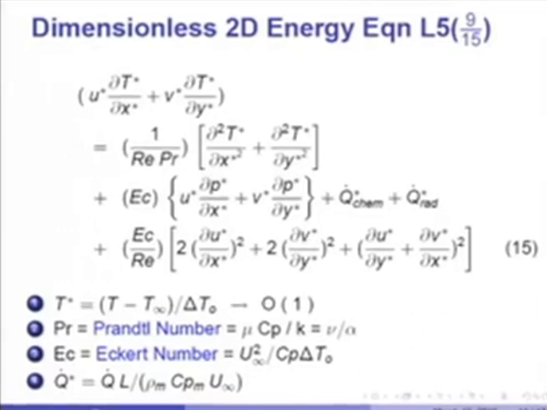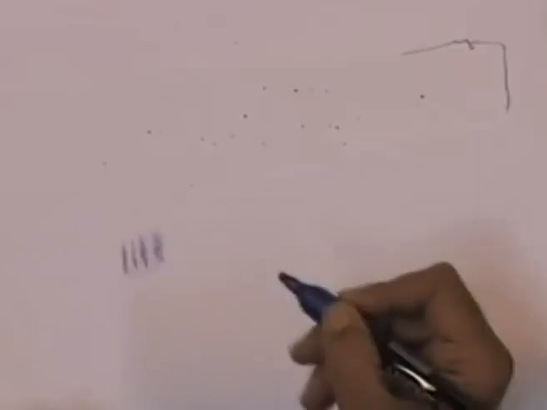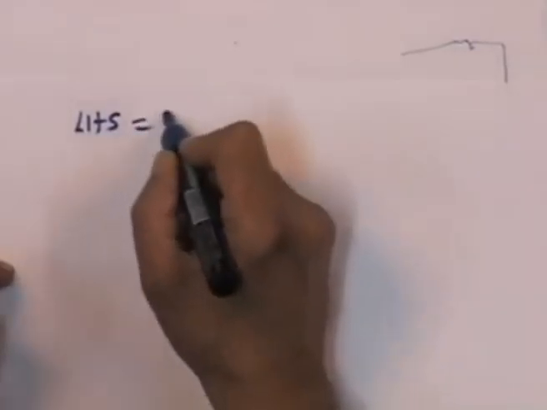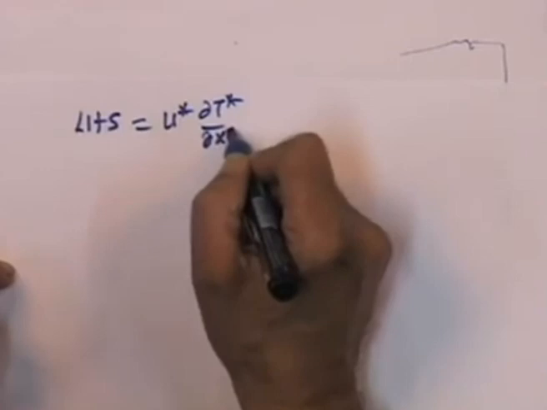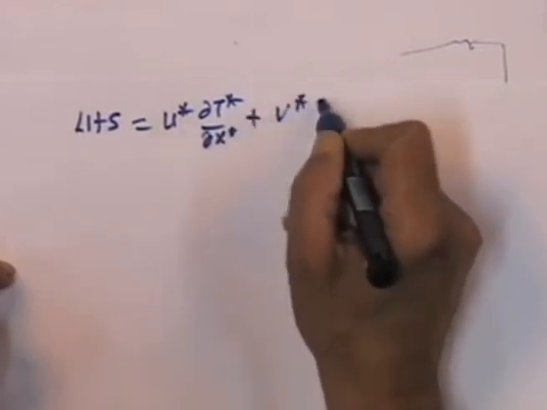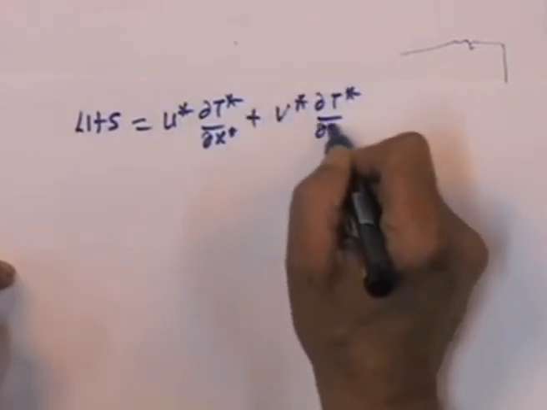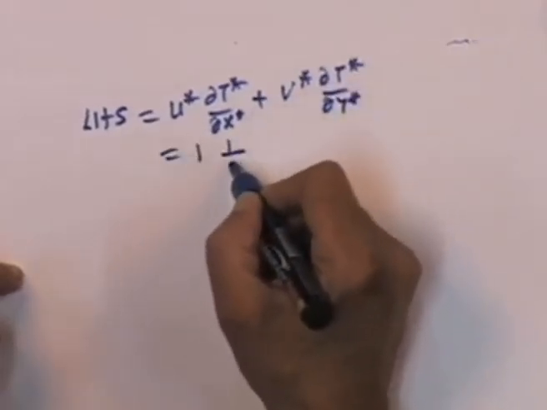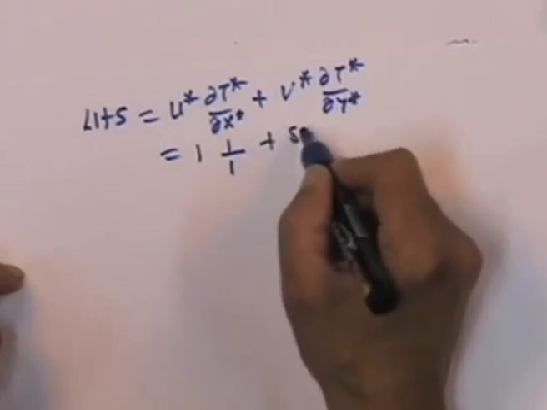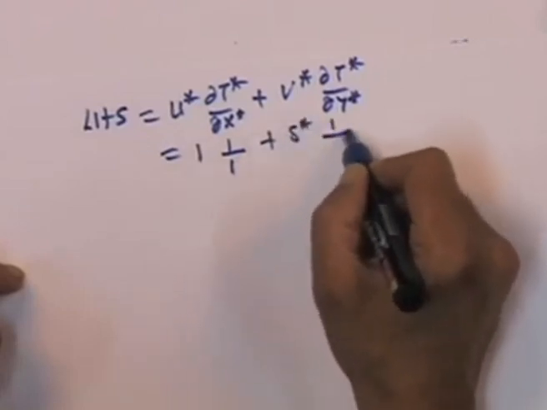The left hand side, which is equal to u star dT star by dx star plus v star dT star by dy star, will simply become 1 1 1 plus delta star 1 by delta star. So, both the terms on the left hand side are important.